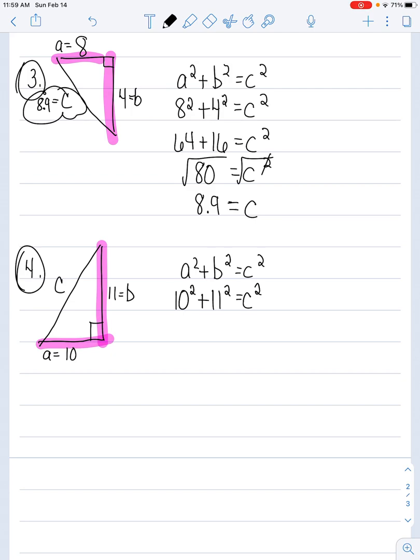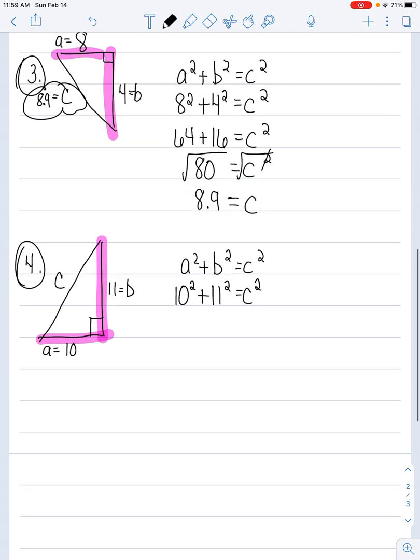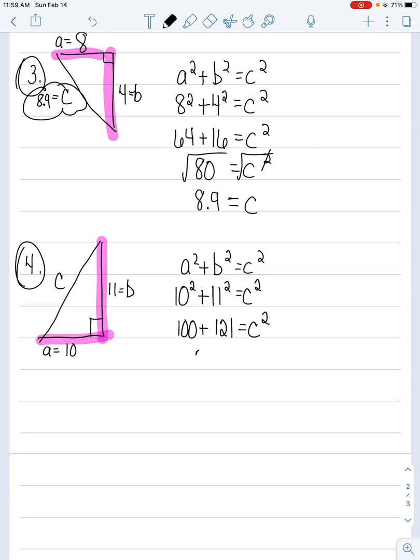So now let's do the exponents first. 10 times 10 is 100. 11 times 11 is 121 equals C squared. It clearly says to add the two numbers, so I'm just doing what it tells me to do. 100 plus 121 is 221 equals C squared.